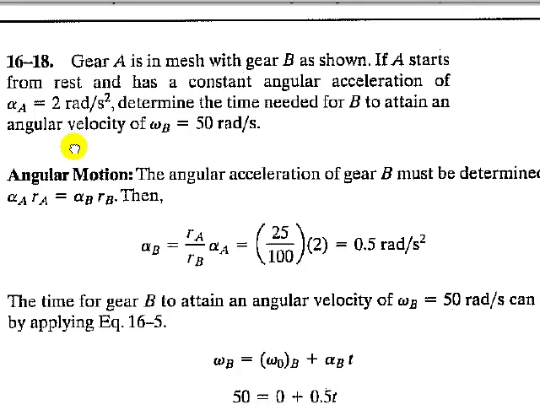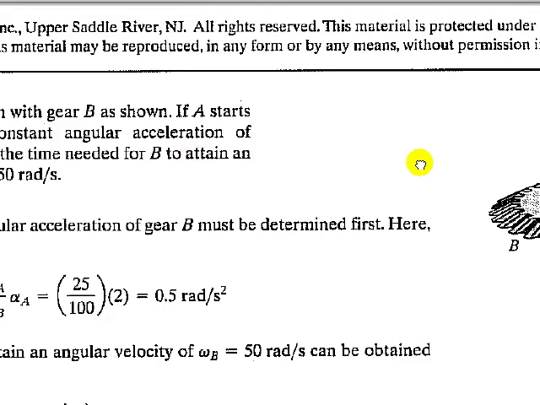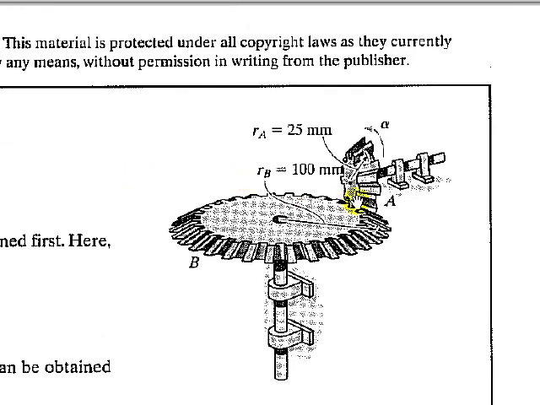We can travel to B, recognizing that where these two gears touch, they must share the same velocity, and velocity is tangent to the path of each of these. Where they touch, if they don't slip, they must share the same velocity, and they must share the same tangential portion of the acceleration.